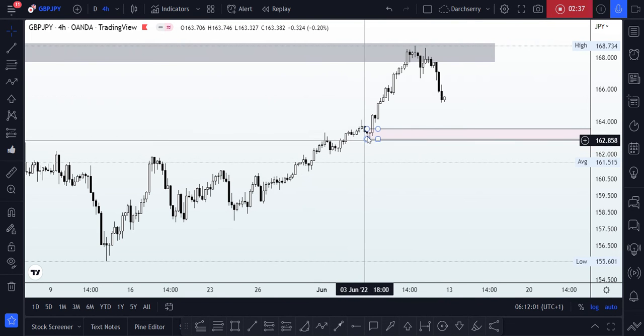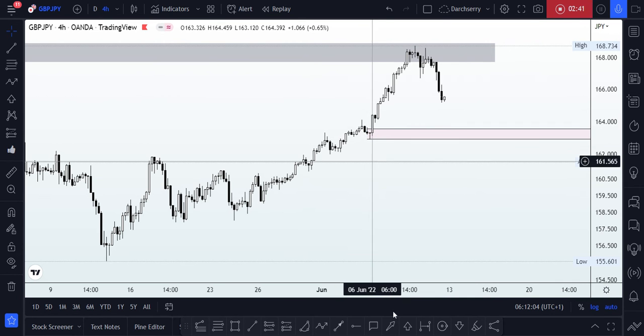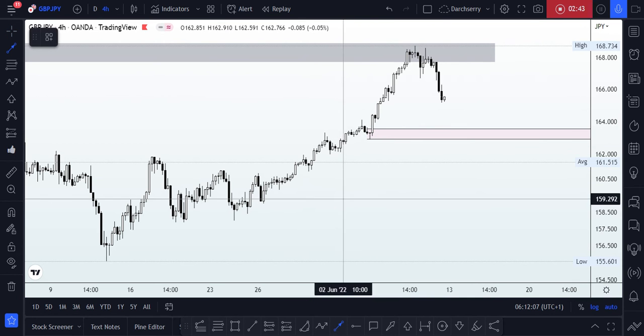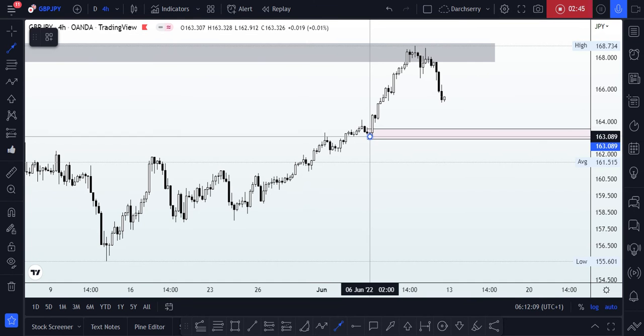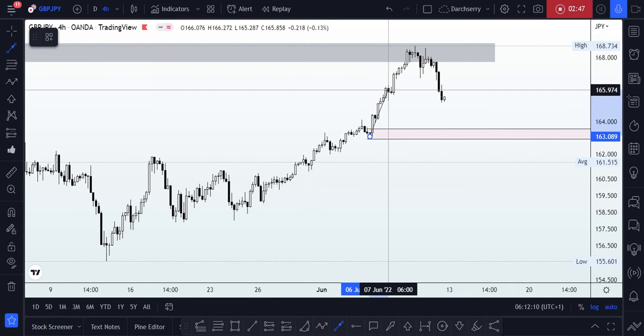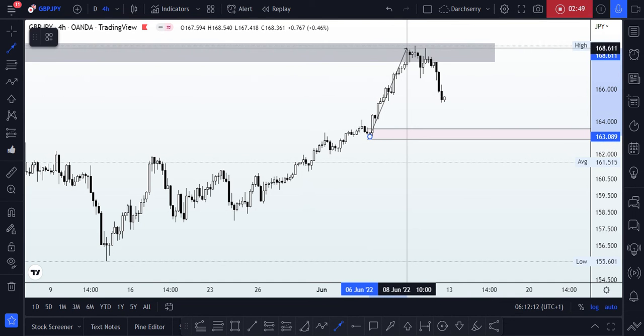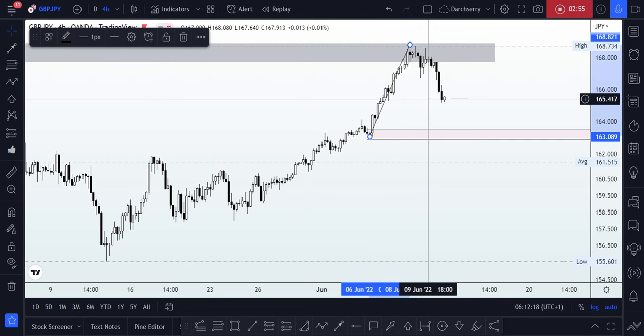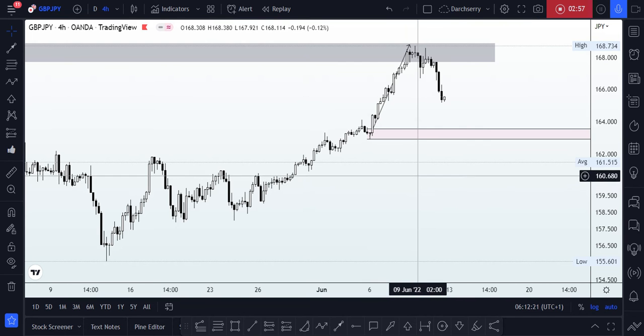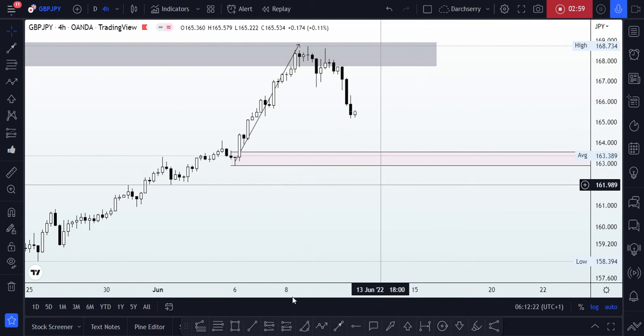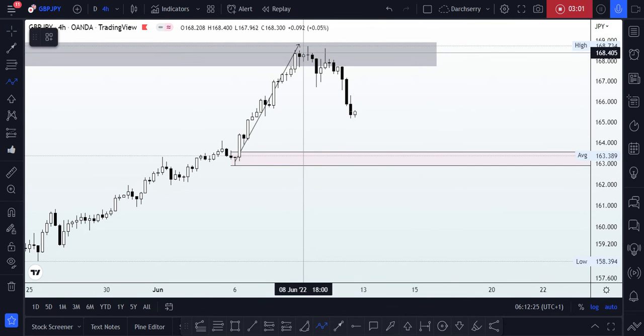Price started at around 163 Japanese yen, and since then price has continued to find higher highs and higher lows. And with that structure here, we have an impulse leg to work with, judging from what happened during last week's trading session. We saw the reversal pattern when price tested the 168.500 area.